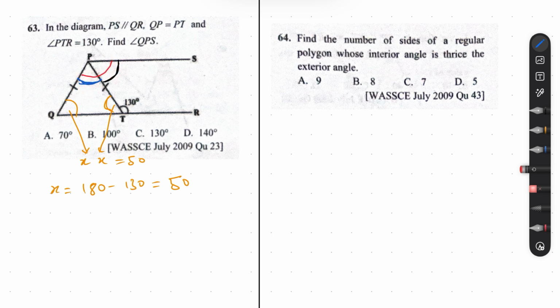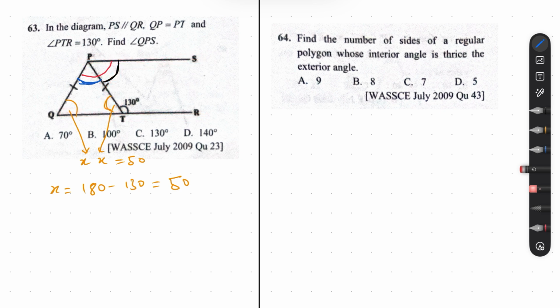Now, how do you find this angle? Very easy. Because we've been given that these lines are parallel, you can have alternate angles. That means this angle right here will be the same as this angle. Alternate angles means that when we have a Z, the angles in the armpits are the same.